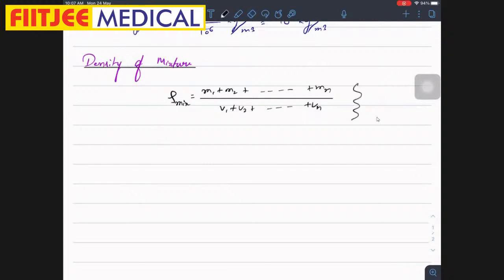Now we know that density is equal to mass by volume. So this relation I can also write as rho 1 v1 plus rho 2 v2 plus rho n vn, divided by v1 plus v2 plus vn.